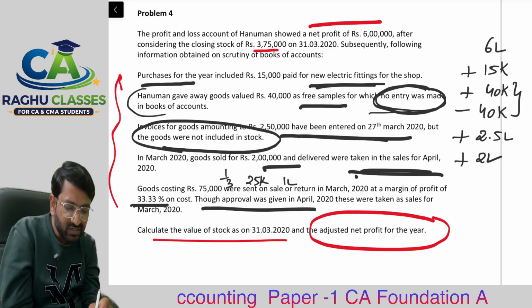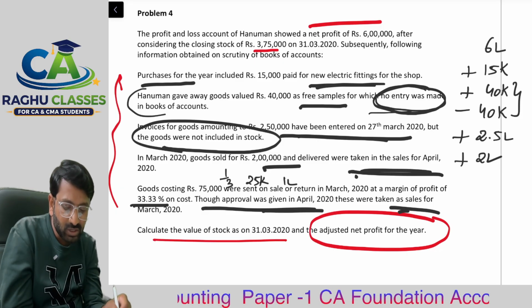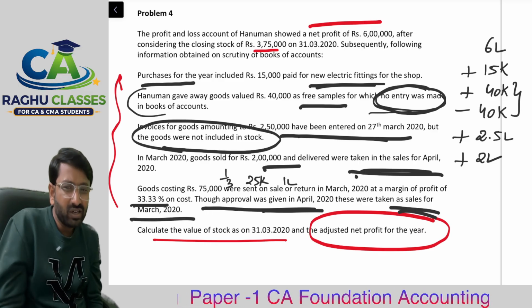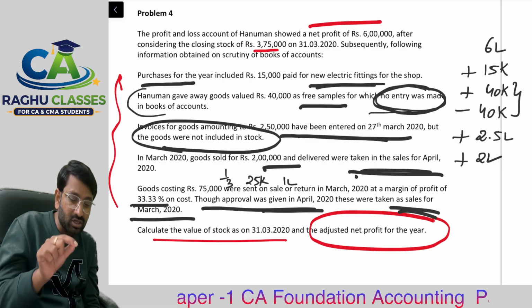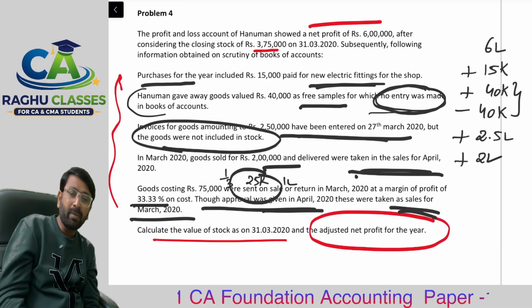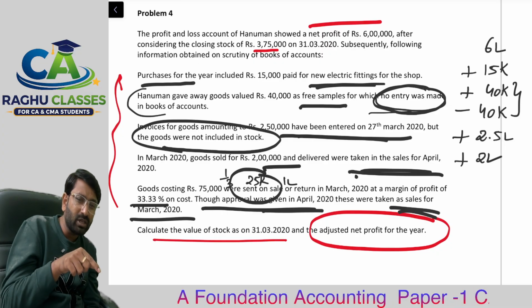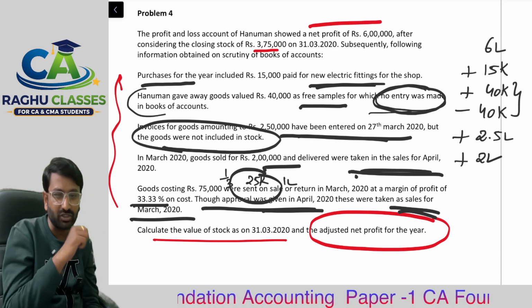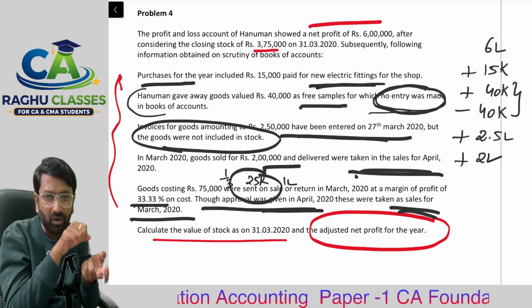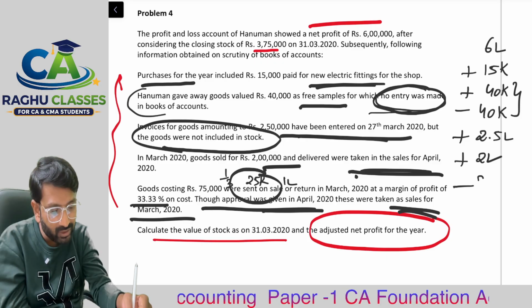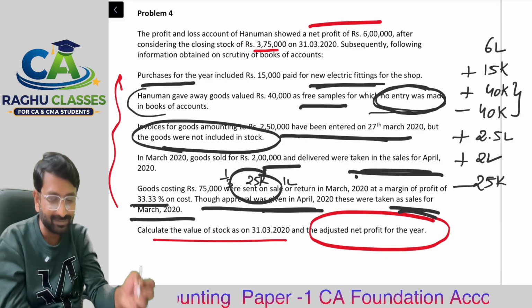But instead of recognizing in April, they are recognizing in the month of March itself. So can I say 25,000 profit is getting booked in March? But ideally, that profit should come in the month of April. But you are booking in the month of March. So since my profit has gone up unnecessarily, I'll remove that 25,000 rupee profit.